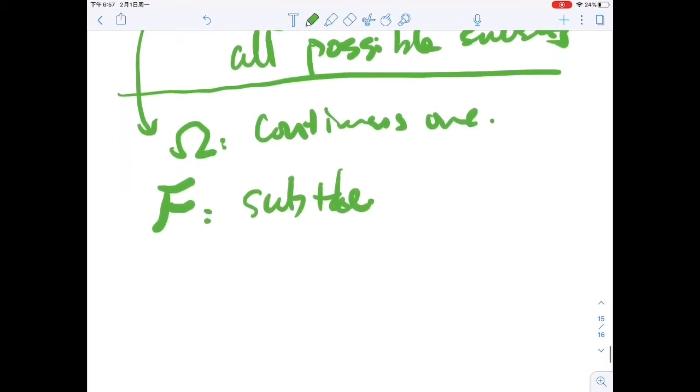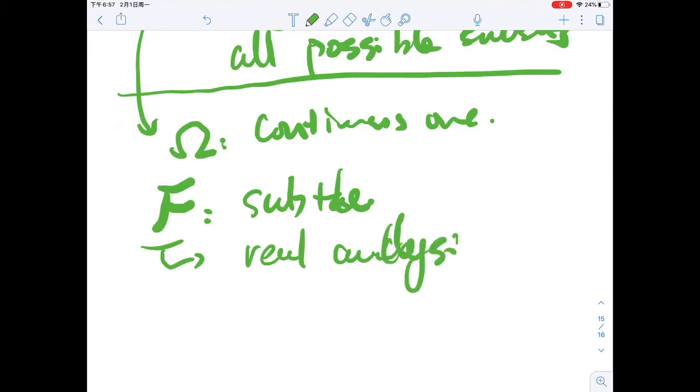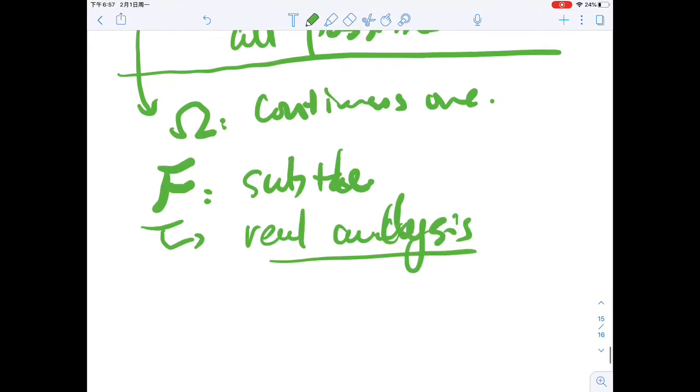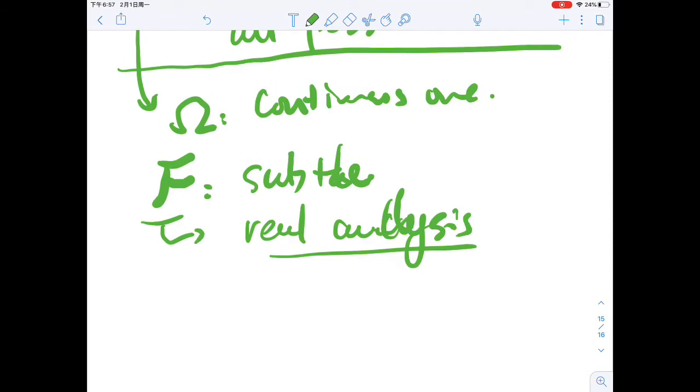This really links to real analysis. Maybe some of you are not aware of that, and in case you're not, you can safely ignore what I'm saying.